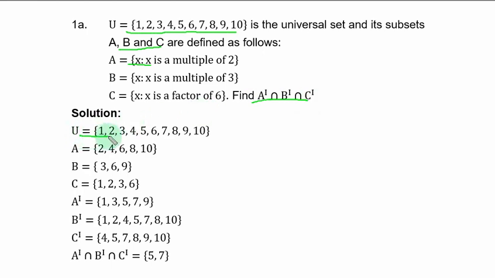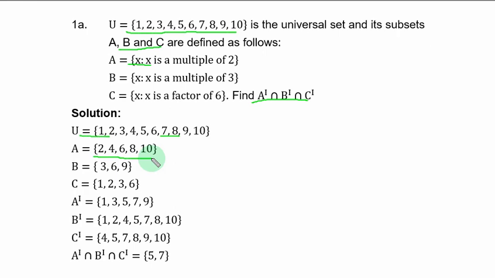So you have the universal set. Subset A contains multiples of 2. Multiples of 2 are all the numbers that 2 can divide without a remainder. From the universal set, you have 2, 4, 6, 8, 10. The subset B is the multiples of 3.